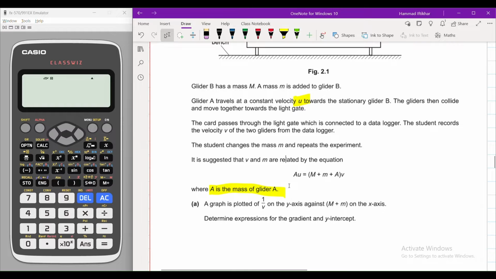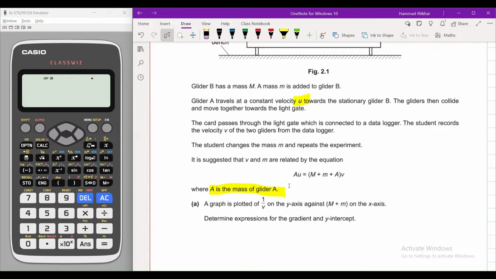A graph is plotted of 1 over v on the y-axis against M plus m on the x-axis. Determine the expressions for the gradient and the y-intercept.